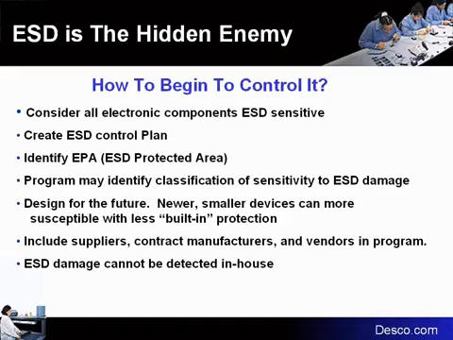The recommendation by the S20.20 is that we classify everything as Class 0, 100 volt devices, and go into Class 0 control for all locations. When we put a control plan together, it needs to have facilities, your suppliers, any contract manufacturers, all of them need to know the standards and be part of your ESD control program.